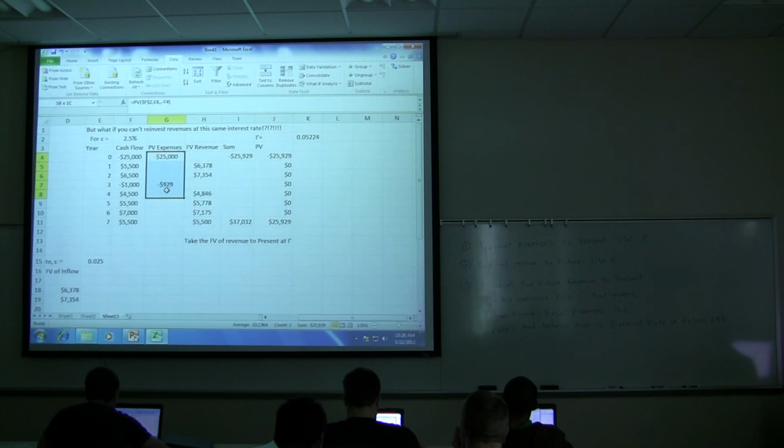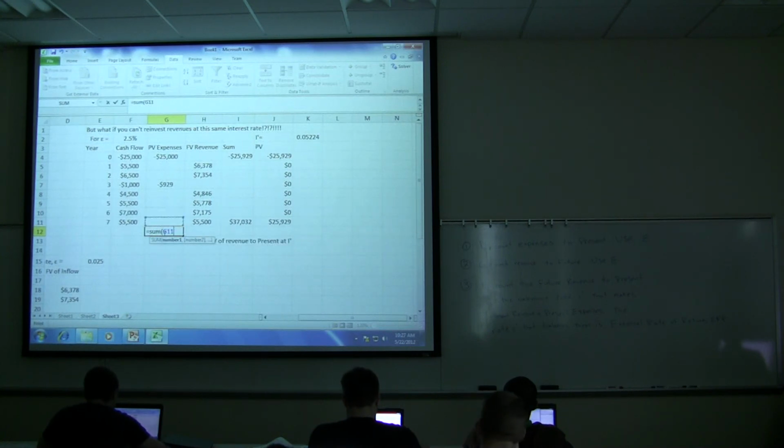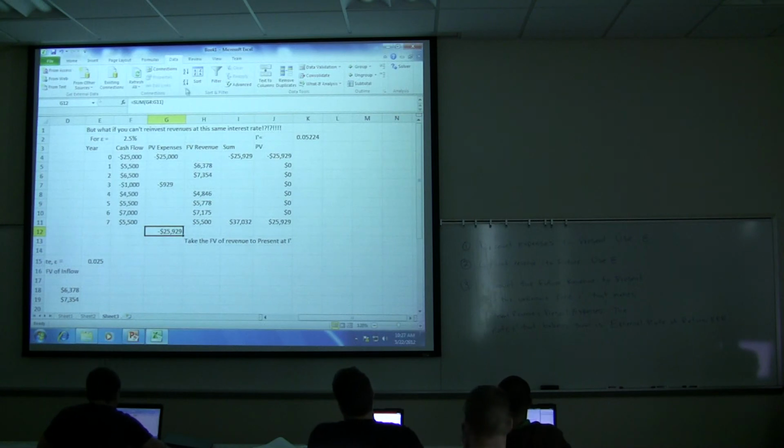This is step 1 right here. It only applies to 2 years because those are only the 2 years that I had a negative net cash flow. So I took them to the present. So the sum of my presents, I can put it down here, equals sum. The sum of the present value of the expenses is negative $25,929. That's the same as over here.